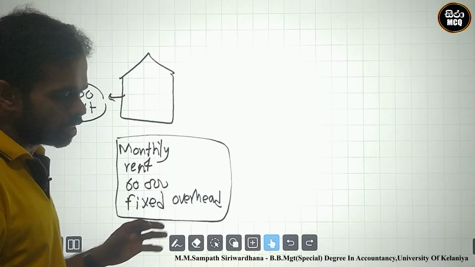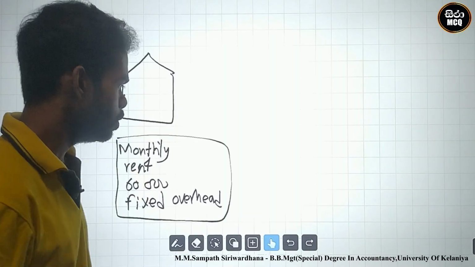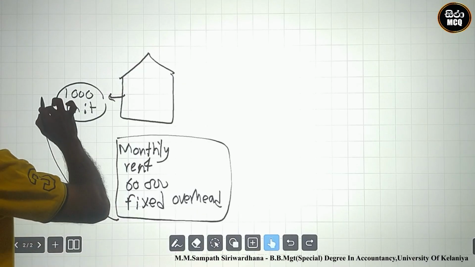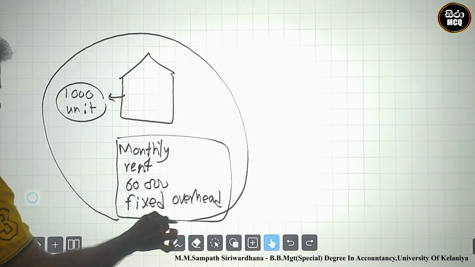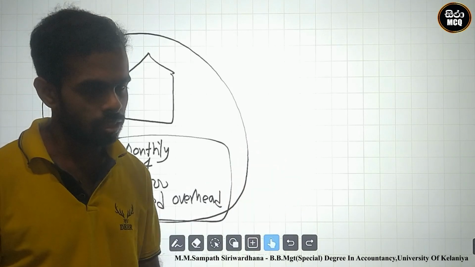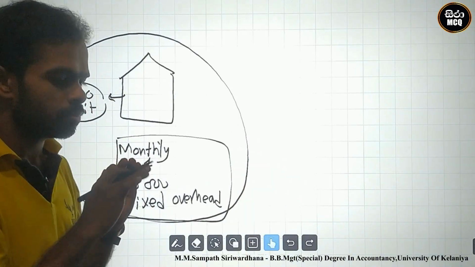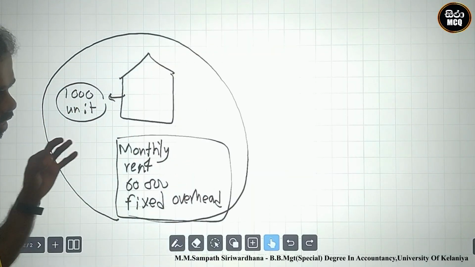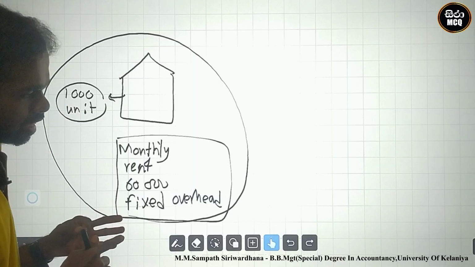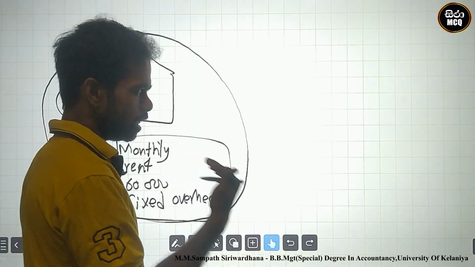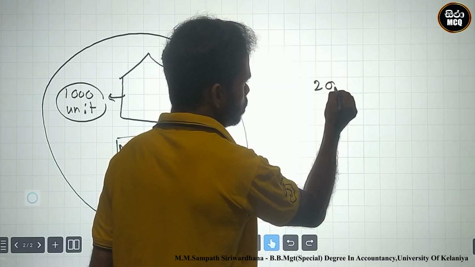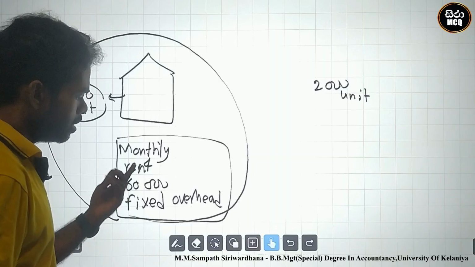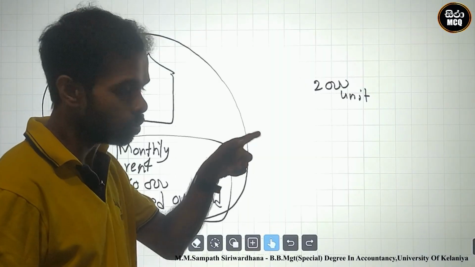The maximum is 1000 units. We can produce up to 1000 units, and this building and its rent are enough for 1000 units. Look here, if the production level should be increased to 2000 units, at that point this building and its rent are not enough for this production.